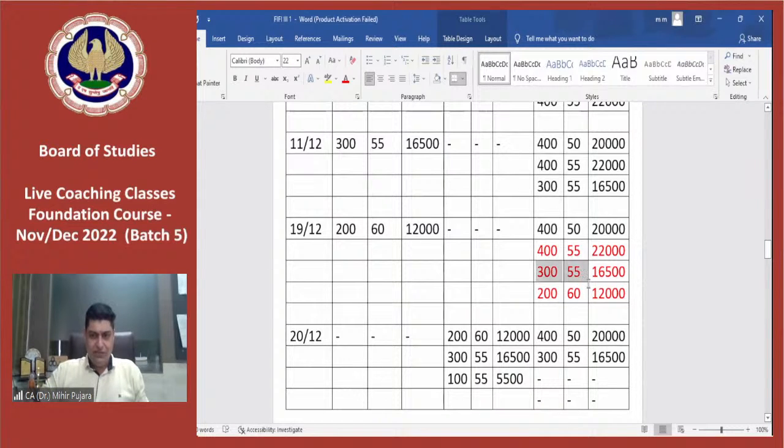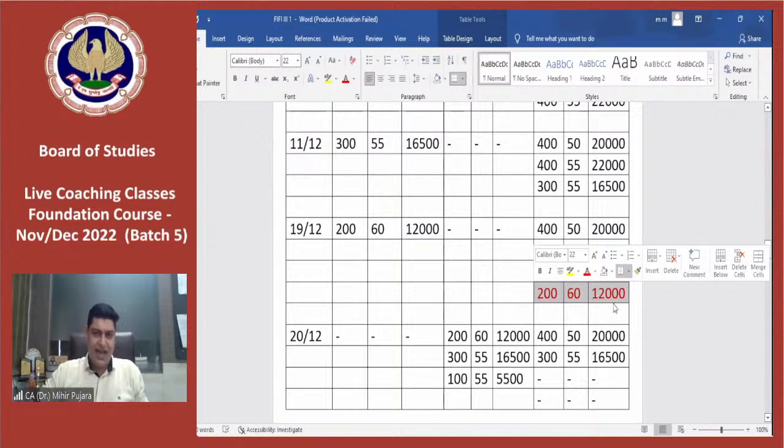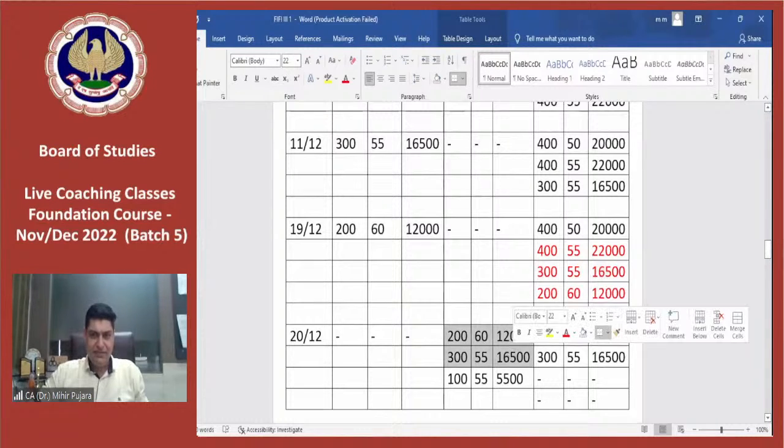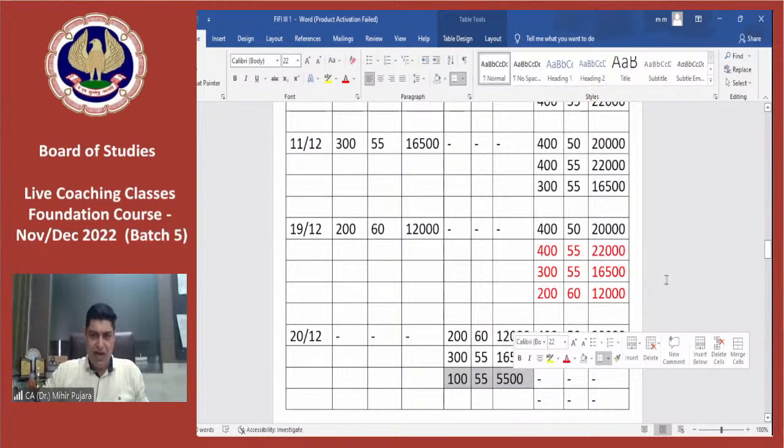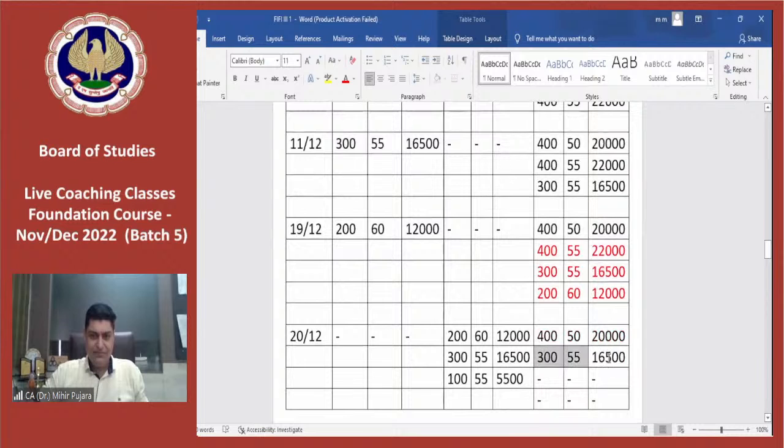So the last two lots are completely exhausted. From the second lot, 400, we have issued 100. So now remaining 300. And the first lot remains same. I hope it is clear, guys.